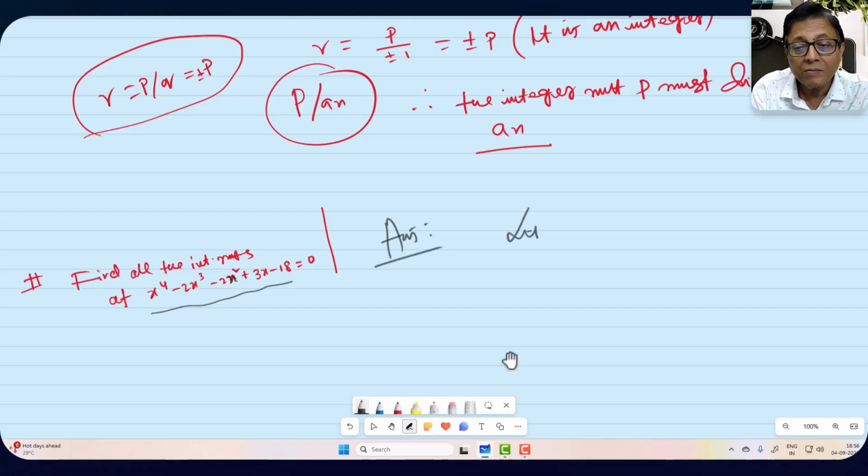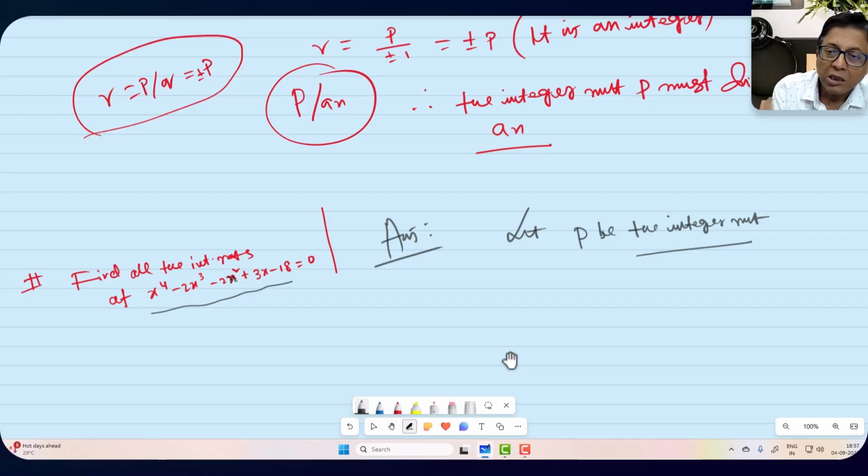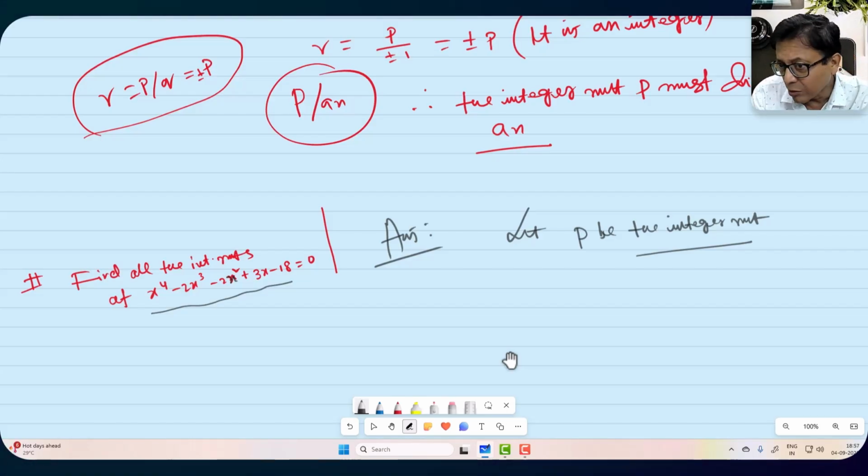Let p be the integer root. For that integer p by q, whatever q you take, they must be co-prime and q must not be equal to 0. So p can be any integer when you are writing r equal to p by q.